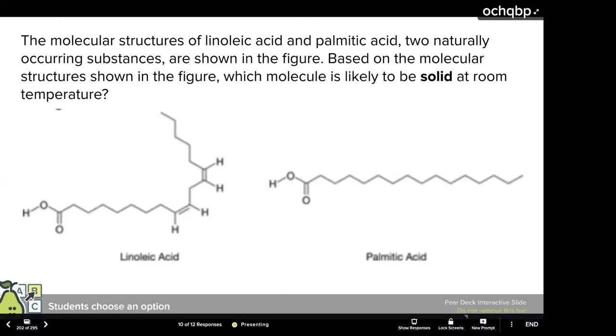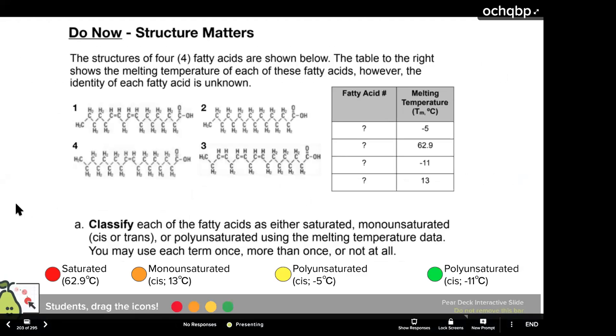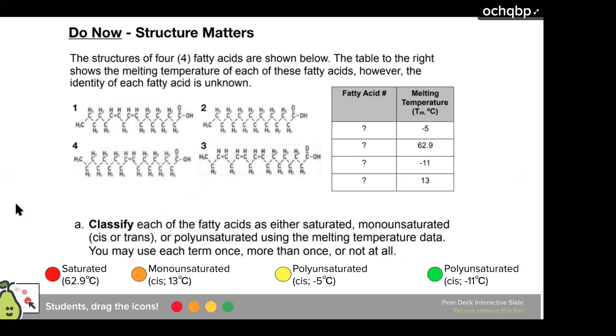So one last set of practice questions, just thinking about this. Now I've got 4 different fatty acids. They're all depicted in the same way, so there's no clear giveaway in terms of which one is which structurally. But can you identify them based on their structure? Or you could, hypothetically, identify them based on their melting temperature.